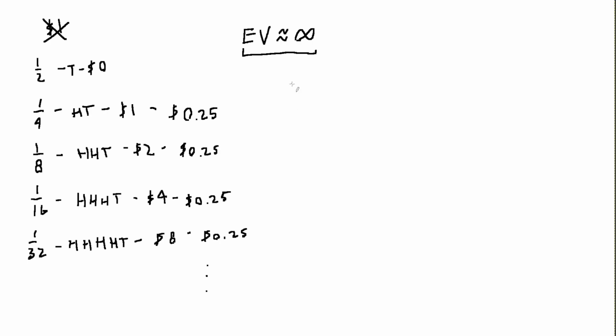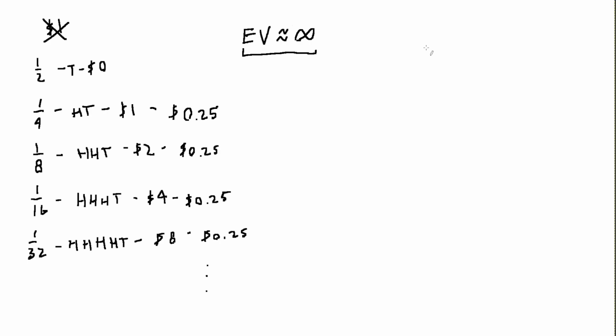What this means is that if you play this game enough, if you play it over a large amount of time, like 1,000,000 times, you'll win a lot of money. And if you play it 1,000,000,000 times, you'll win a lot more money per game on average than if you play 1,000,000 times. So the average amount of money per game is only going to increase as you increase the number of games played.